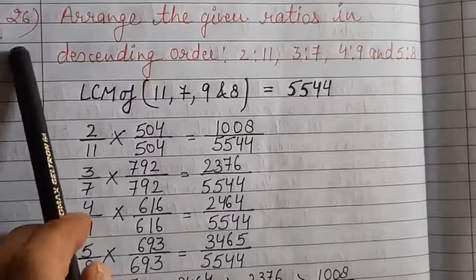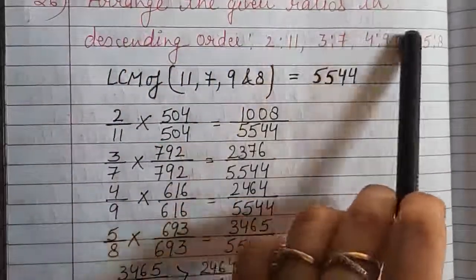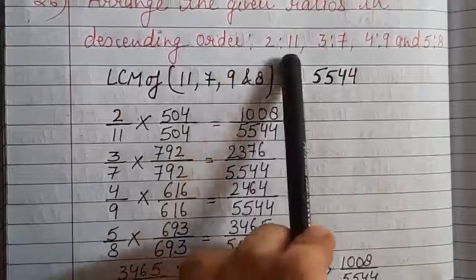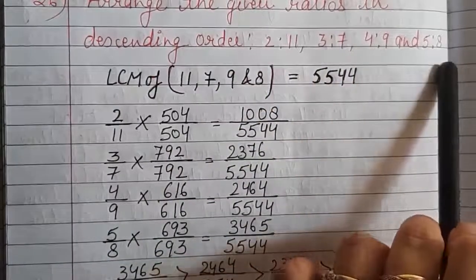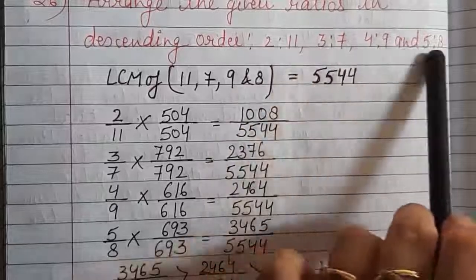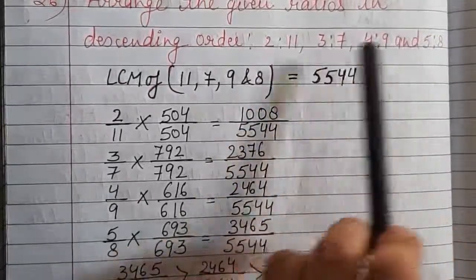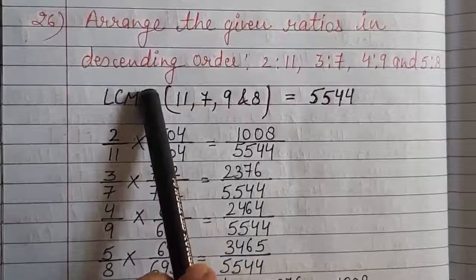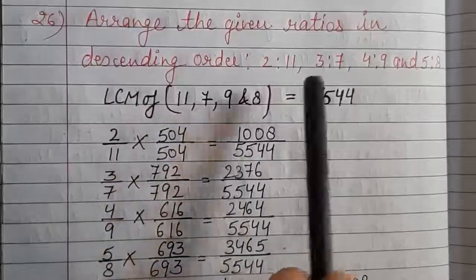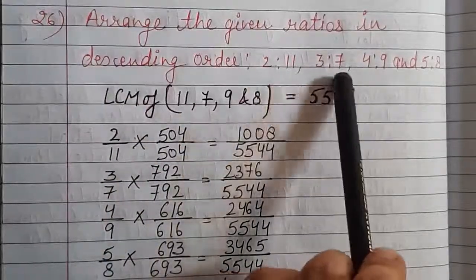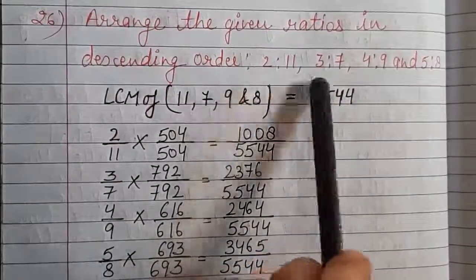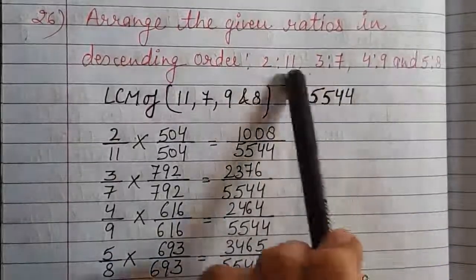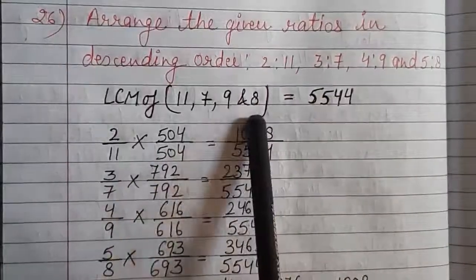Sum number 26. Arrange the given ratios in descending order: 2 is to 11, 3 is to 7, 4 is to 9 and 5 is to 8. We have to arrange these ratios in descending order. Right? So first we have to take the LCM of their consequents. That means when we convert into fraction form, we take the LCM of their denominators first.